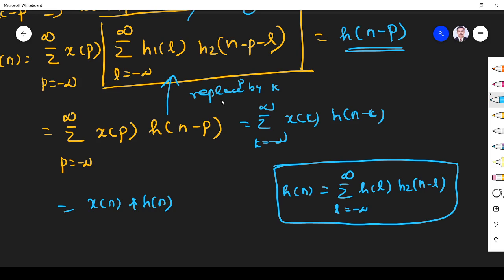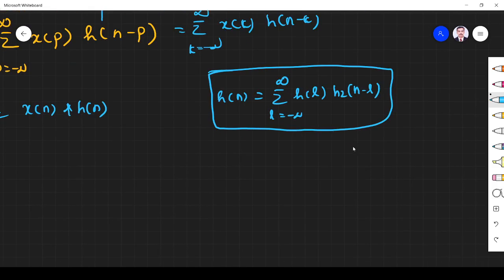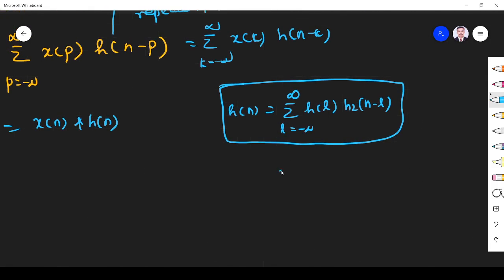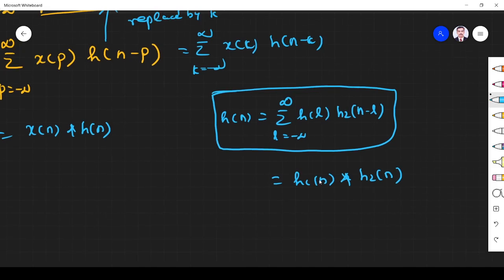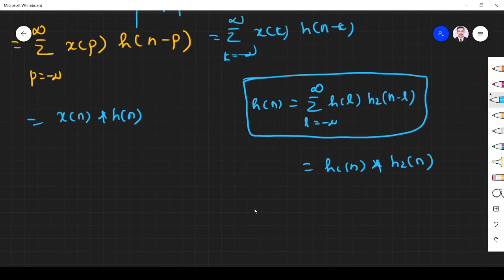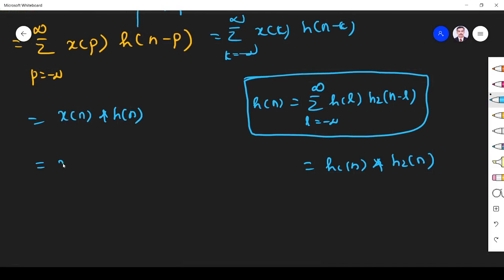If it is h of n minus p, it is like this. H of n is this one, right? What is this? This is a convolution between h1 of n star h2 of n. So I can write this as x of n star h1 of n star h2 of n.